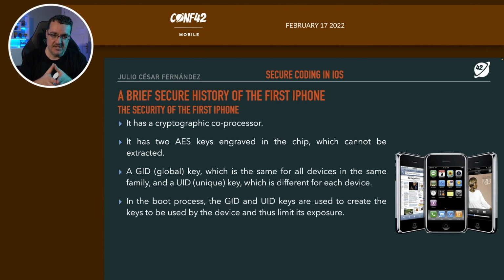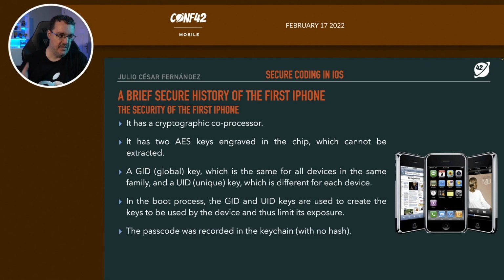In the boot process, the GID and the UID keys are used to create the keys to be used by the device, and that limits their exposure. Okay? The passcode was recorded in the keychain with no hash. It's open.